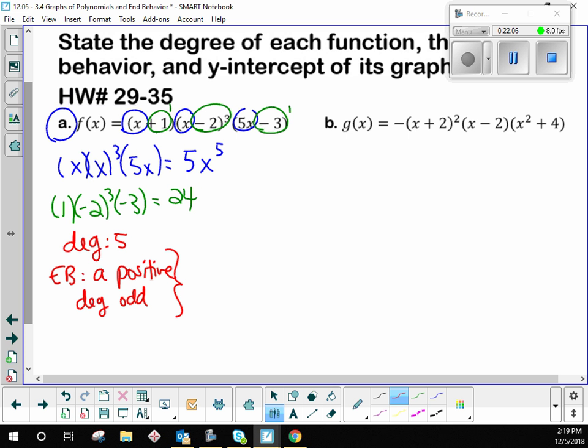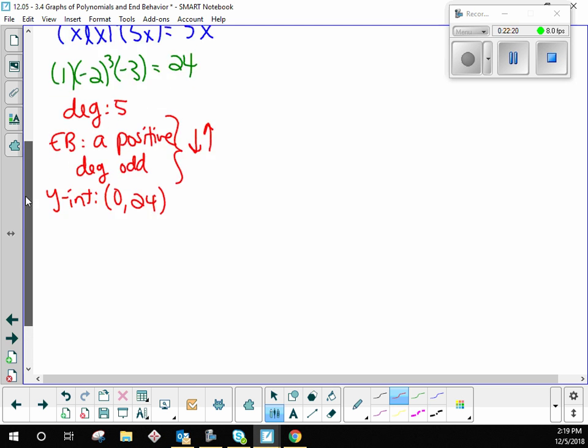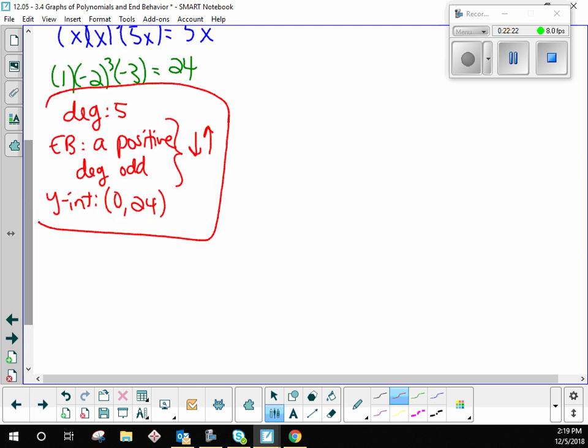It's just like x cubed, right? It's down, up. And then the y-intercept is 0, 24. Right. So those are kind of straightforward as far as these problems go.